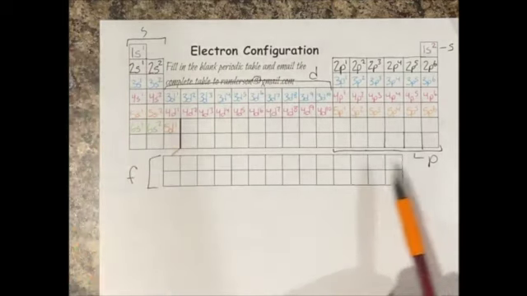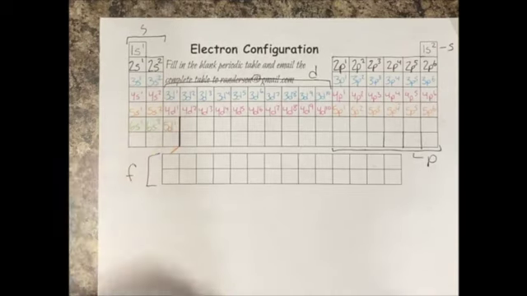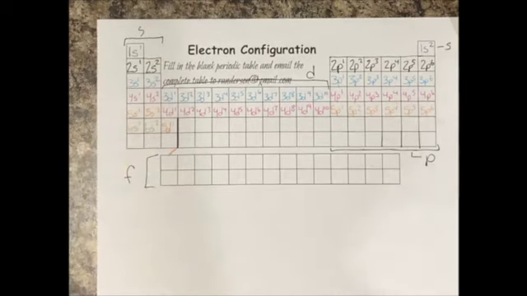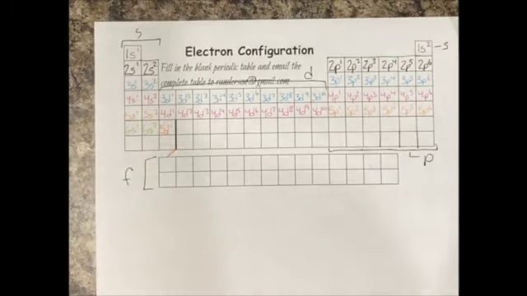Now the F's is one step behind your D's. So if this is a 5, then that means these F's are going to be a 4.